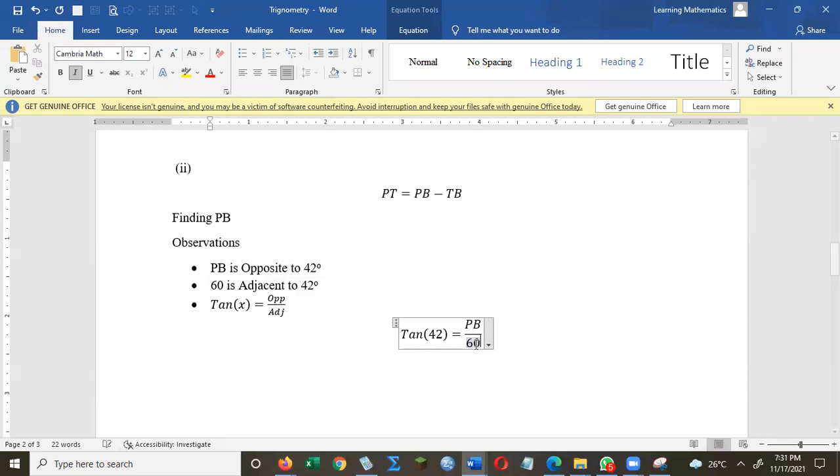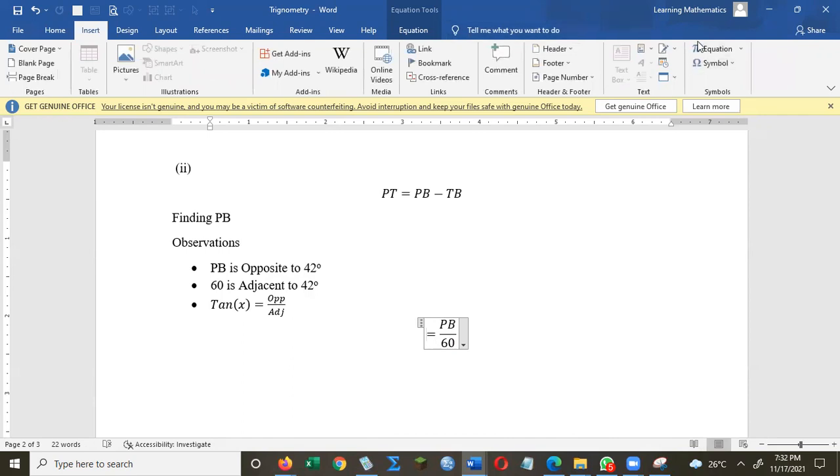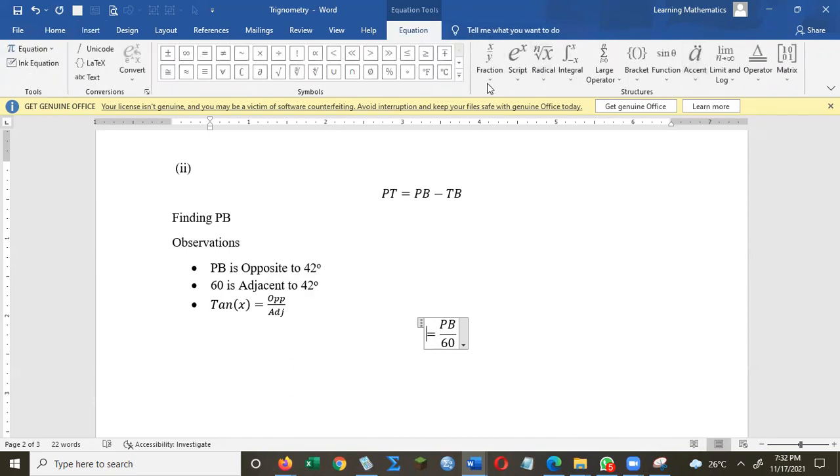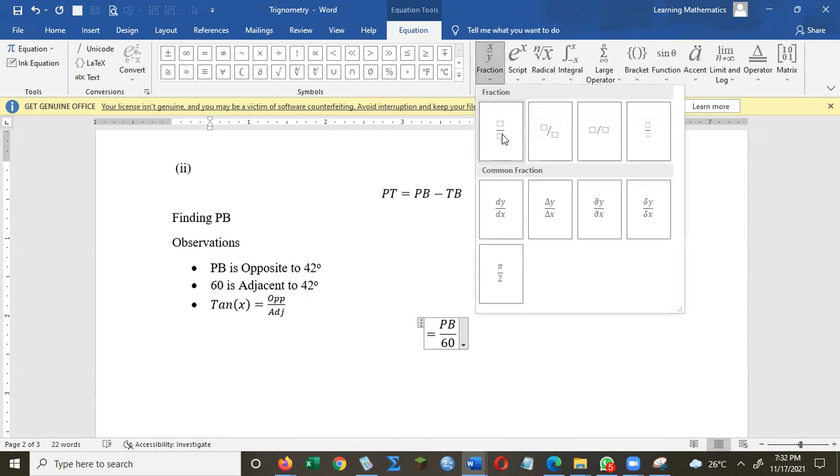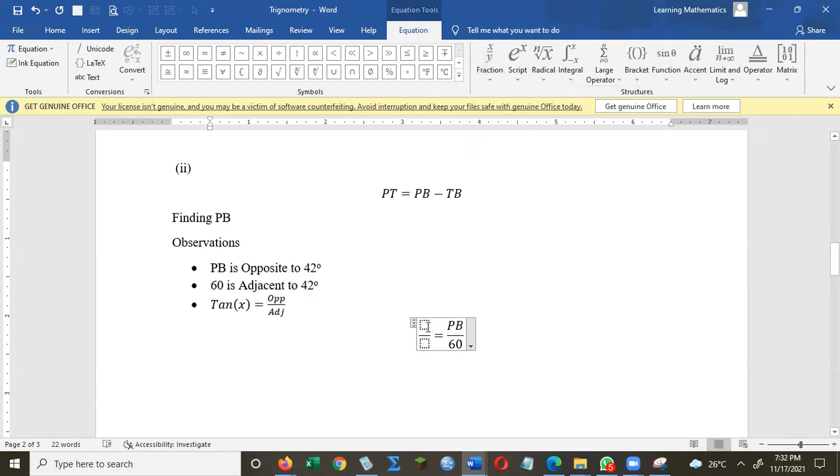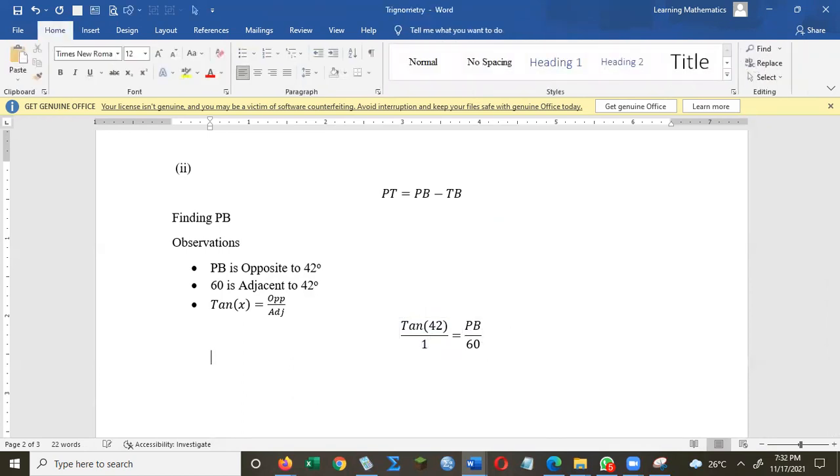Oh, and by the way, when you're using the ratios, it's always good to put the ratio over 1, because you are going to cross multiply. Okay. Tan of 42 over 1. And then you cross multiply. PB times 1 is equal to tan 42 times 60, or 60 times tan 42.